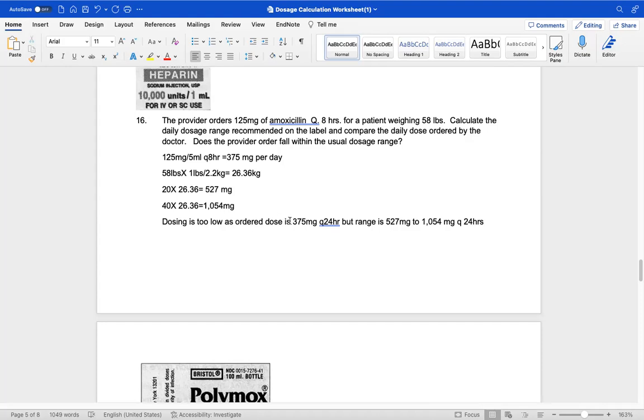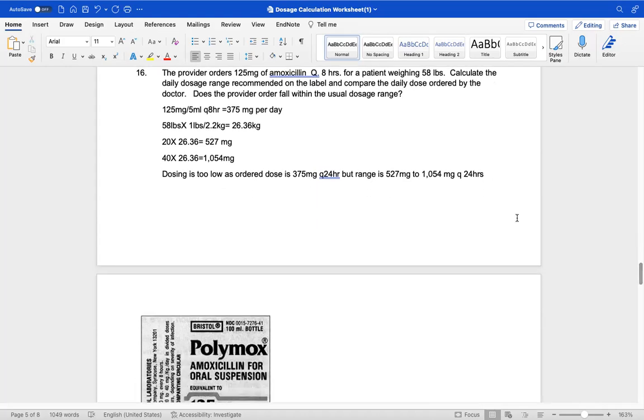The ordered dose is 375 milligrams every 24 hours, but the recommended range is 527 milligrams to 1,054 milligrams every 24 hours. So this is lower than the recommended numbers we've received here. So we plug that in, and that will be your answer.